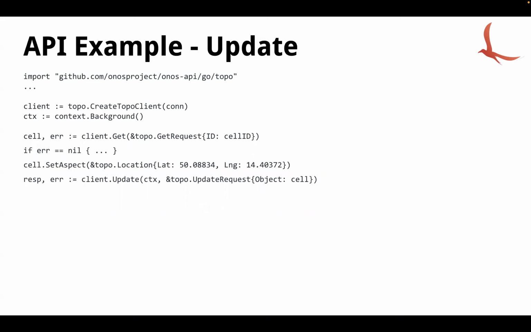There's really no distinction between updating and reapplying. You always have to reapply the aspect in its entirety, and then you call update. And as Jordan said, if somebody snuck an update in there, you would get an issue.